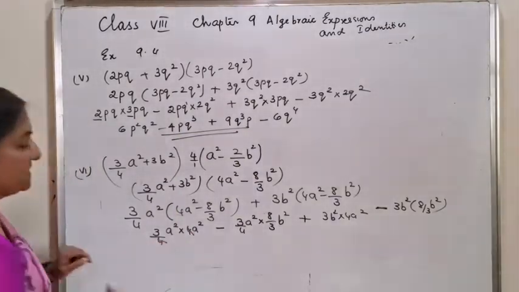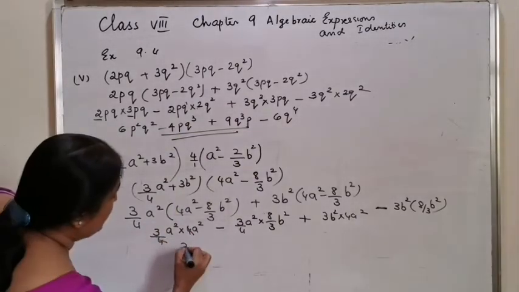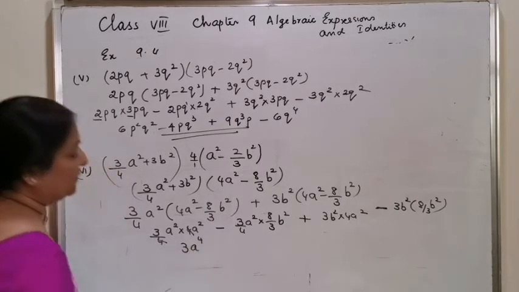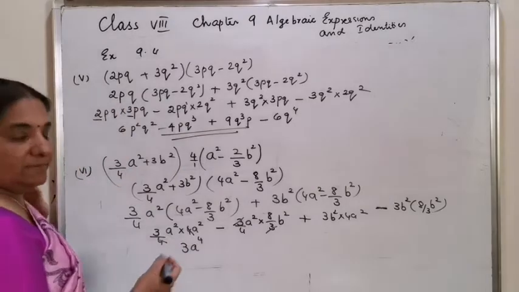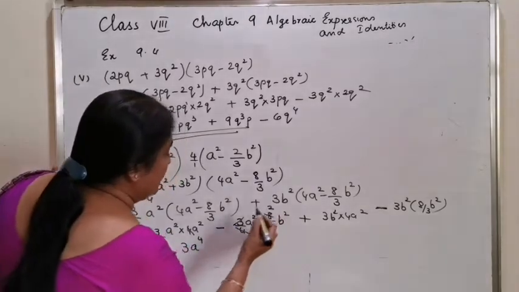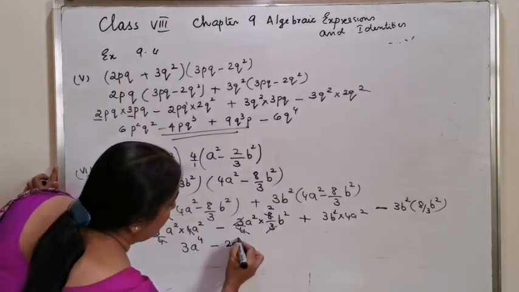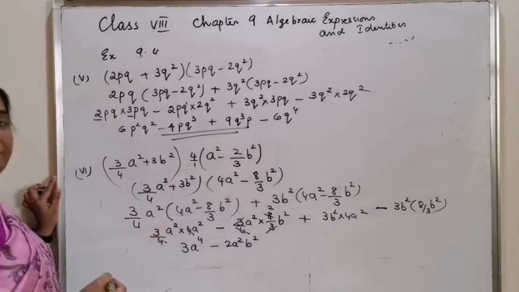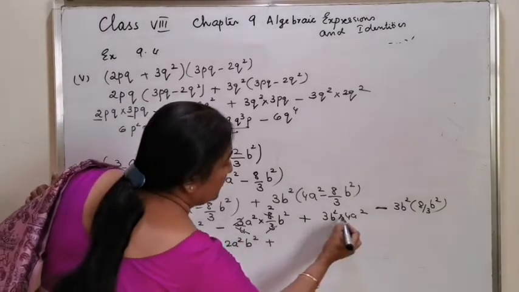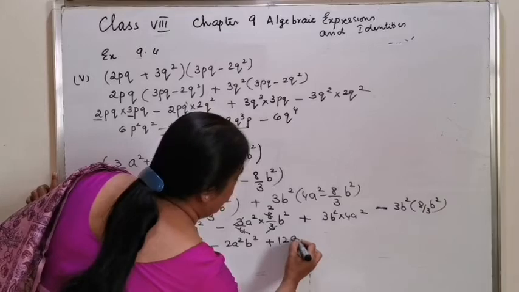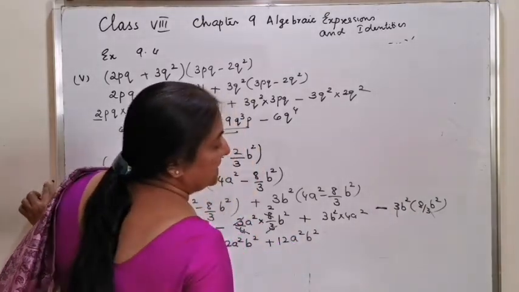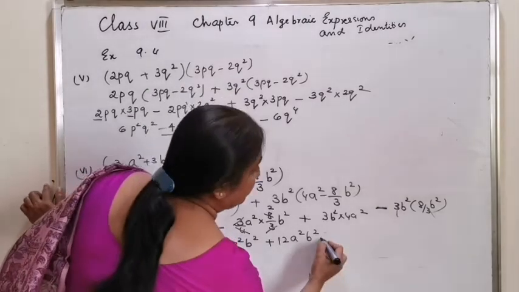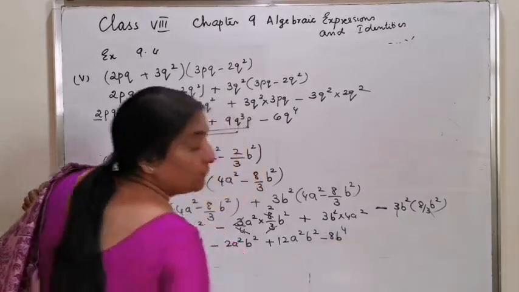4 and 4 get cancelled. So 3a to the power of 2 plus 2, 4. Next, this 3 and 3 get cancelled. 4 and 8 get cancelled, minus 2a square b square plus 4 3s are 12a square b square. 3 and 3 get cancelled, minus 8b to the power of 4.